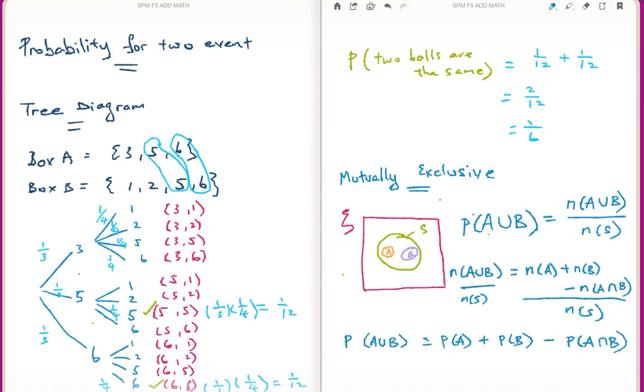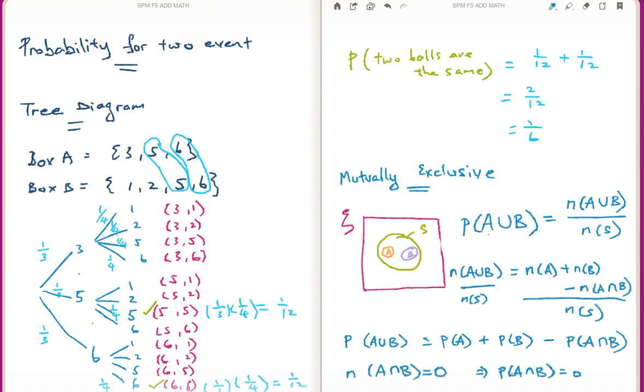In the event that A and B are mutually exclusive, you find that the number for A and B is actually 0. So in this case the possibility of A and B is equal to 0.